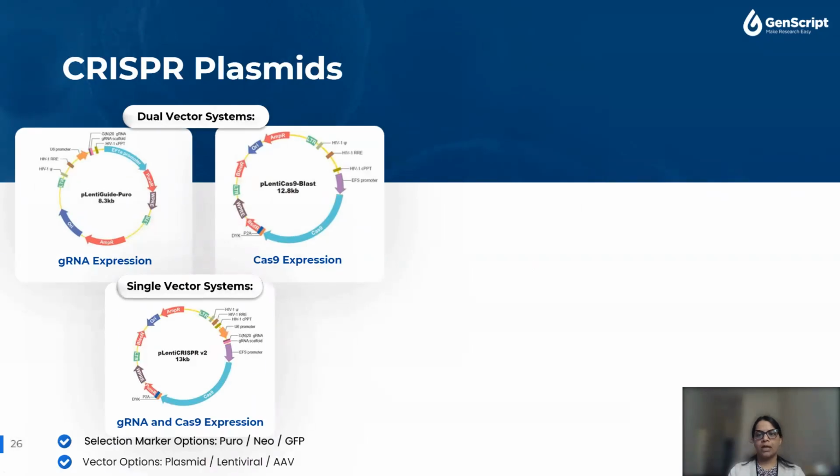Another one is the ready-to-use CRISPR gRNA Cas9 plasmid, which facilitates precise gene editing, cell engineering, or enhancing the therapeutic properties of immune cells.